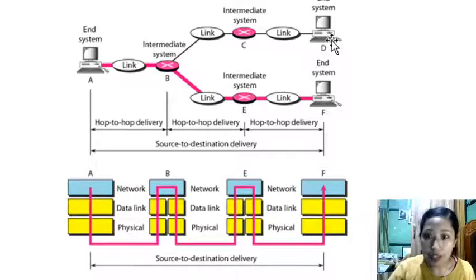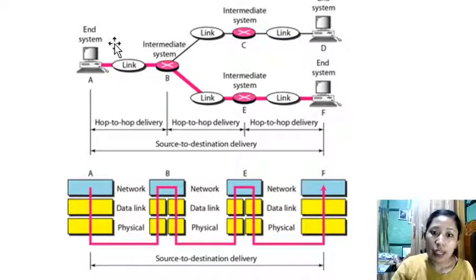We had discussed one type of address in the previous layer, that is the data link layer, which is the physical address. Remember that the physical address is not unique globally. It will be unique within a network only. For example, between these two devices there is a network, and there can be many other devices connected, and within this network the physical address will be unique.